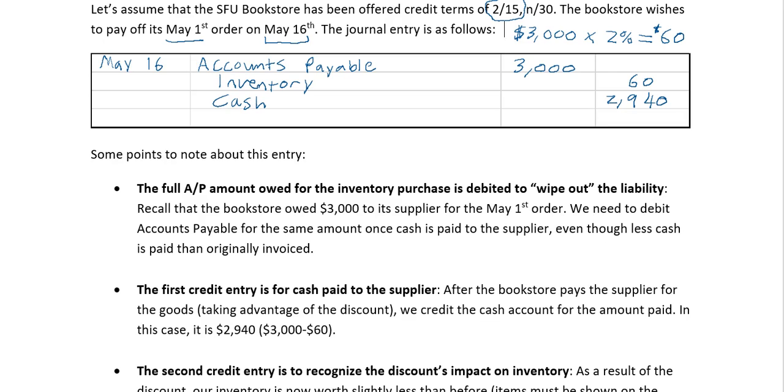So let's go ahead and finish off our journal entry by writing a brief description. Paid off May 1st account payable within the discount.